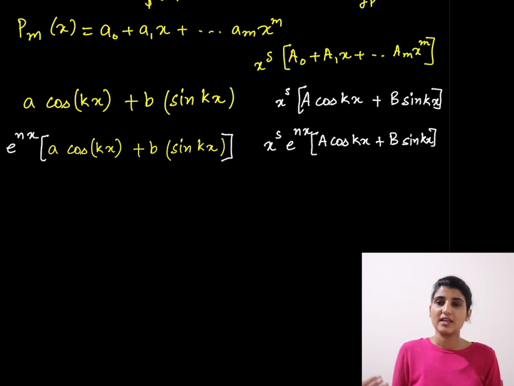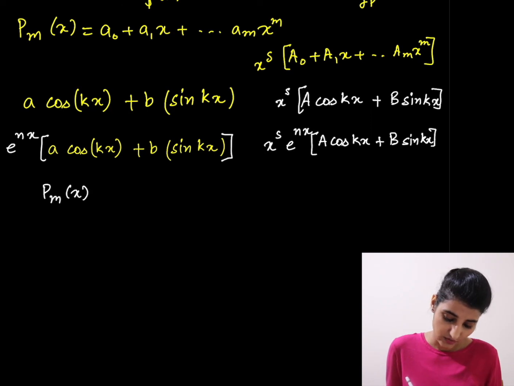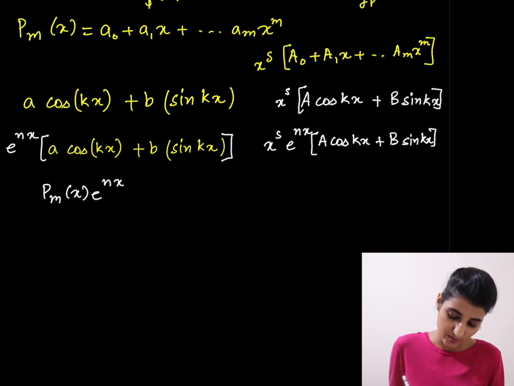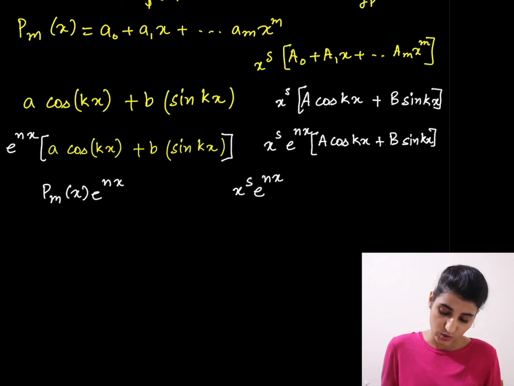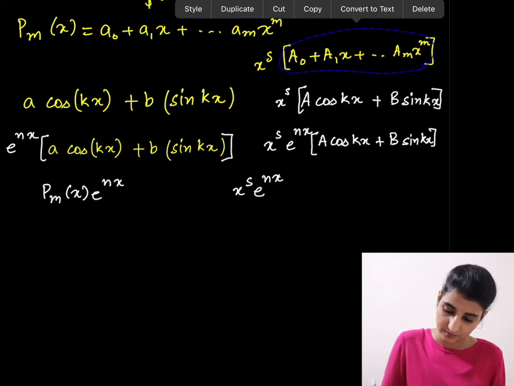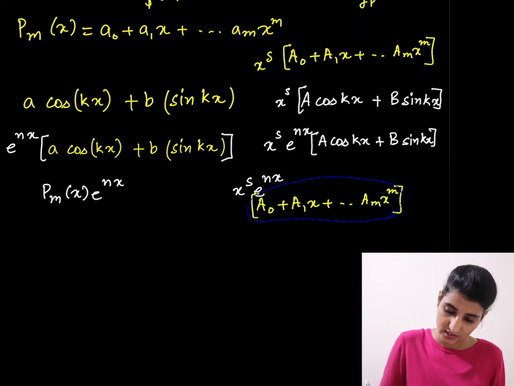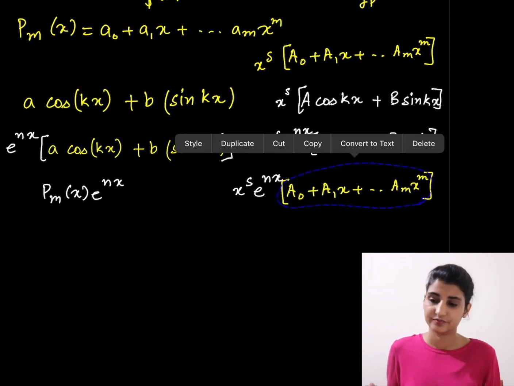These things you can easily verify by listing down all the linearly independent terms. If you have a polynomial multiplied by e power nx, you will get x power s e power nx times the polynomial choice, if there is a duplication.